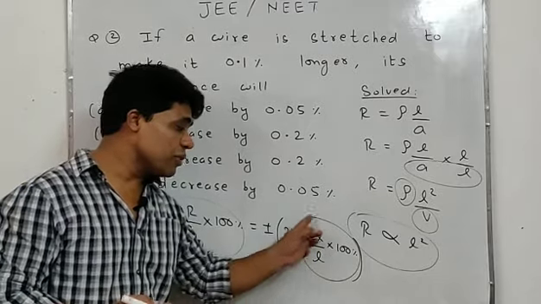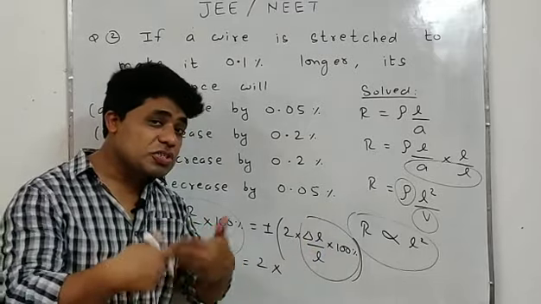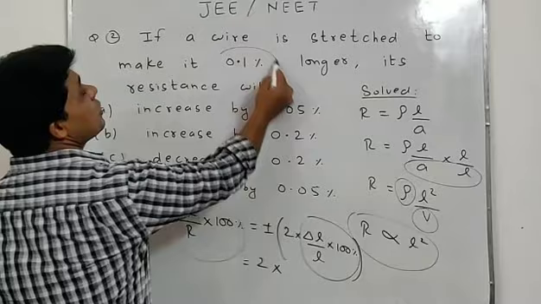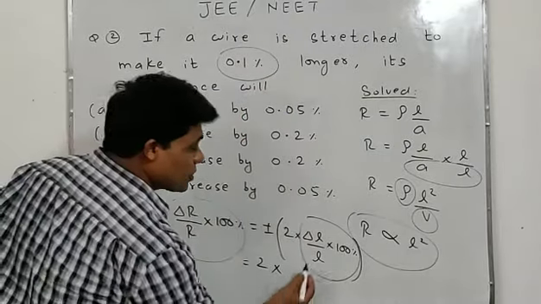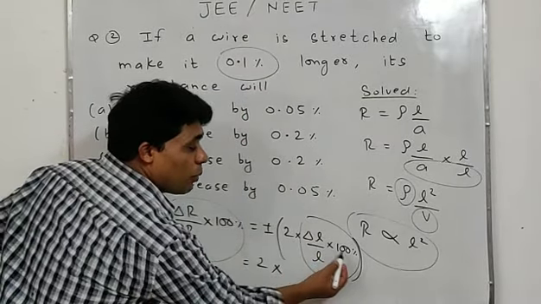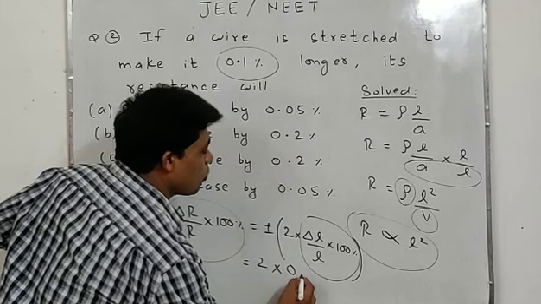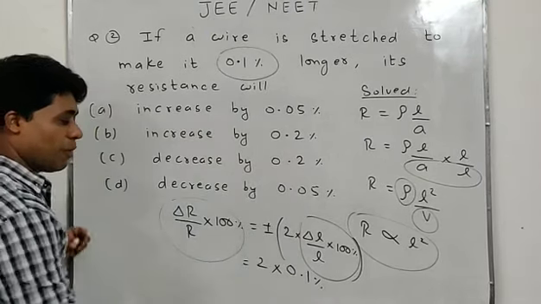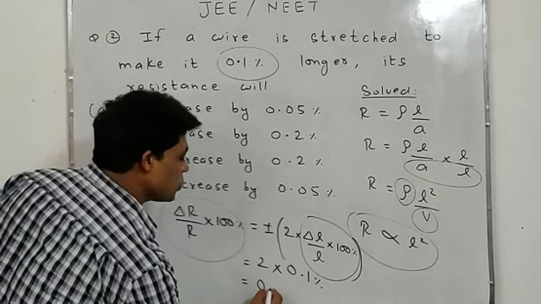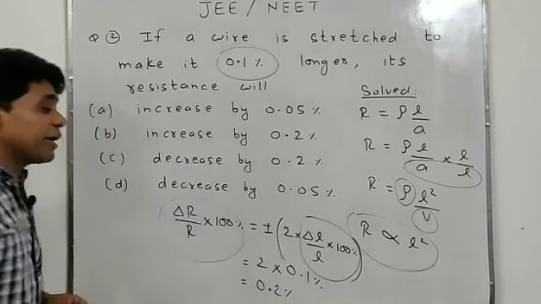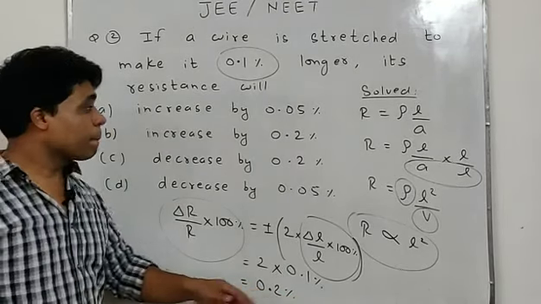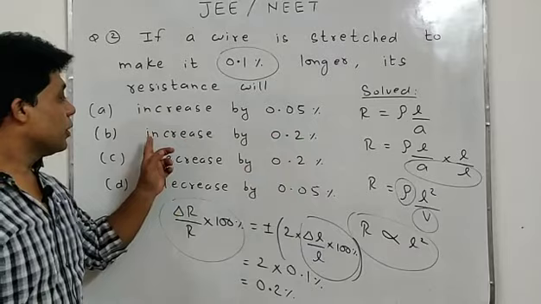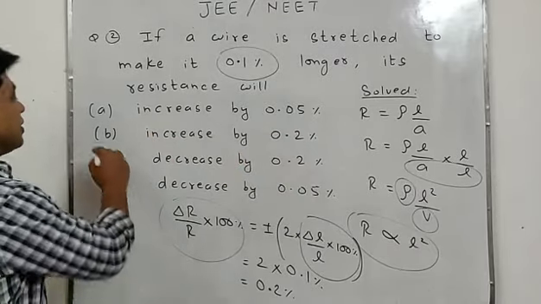It means the percentage change in length, and how much are we changing? 0.1%. When we multiply, what do we get, students? 0.2%. So this is 0.2%. Increase by 0.2%. B is the correct option.